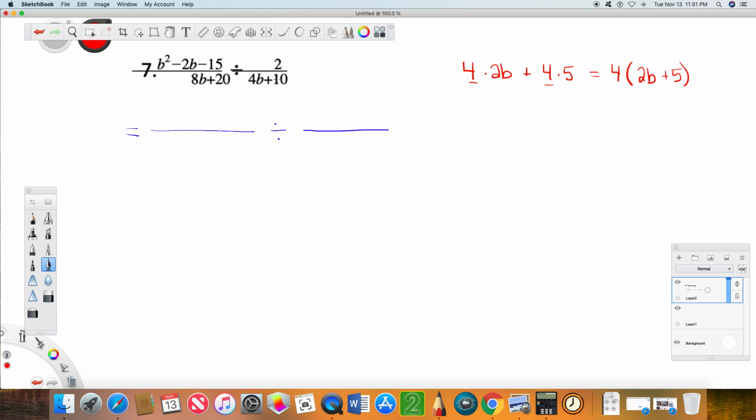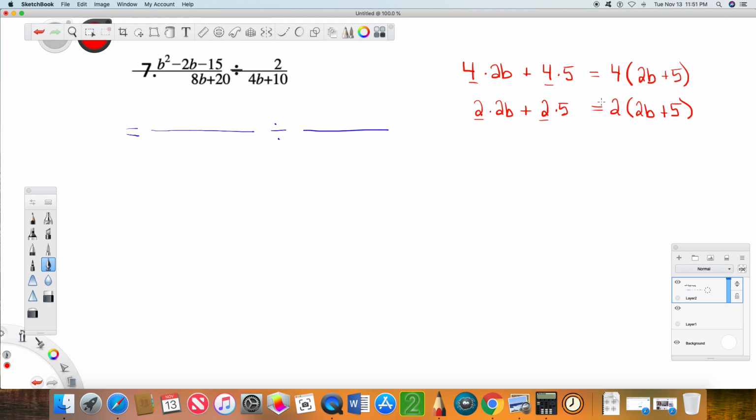If we look at 4b plus 10, and if I rewrite 4b as 2 times 2b, and 10 as 2 times 5, you can see that a 2 is common to both terms, and you can factor out that common factor, and you have 2 times 2b plus 5.